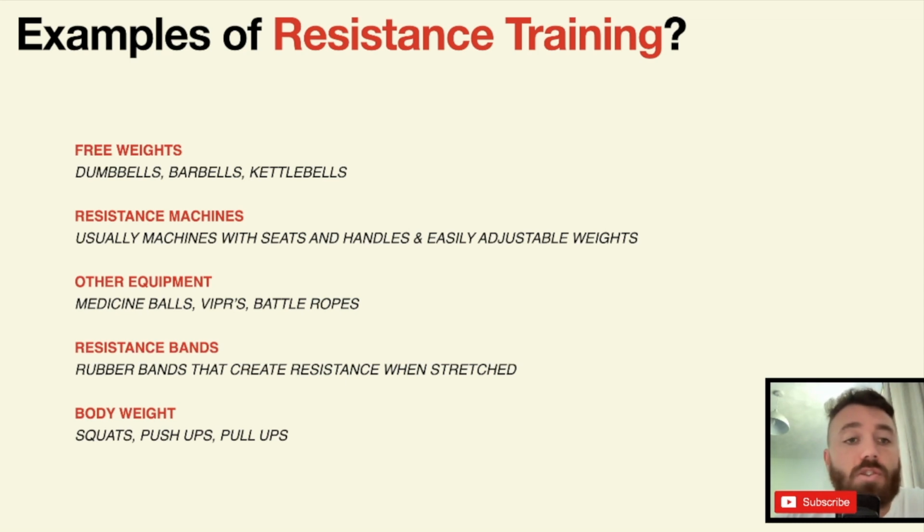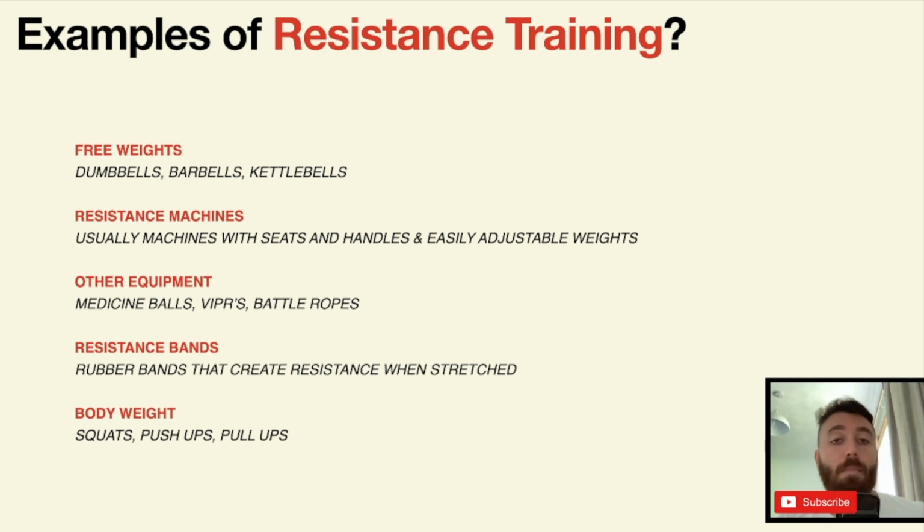Other types of resistance training, we have other equipment like medicine balls, which are like heavy balls, slam balls as well. You might have seen Vipers, which are like tube-like barbells, and battle ropes, that kind of thing. There's also resistance bands, which you may have heard of, using a lot of these during lockdown. This basically creates resistance when stretched.